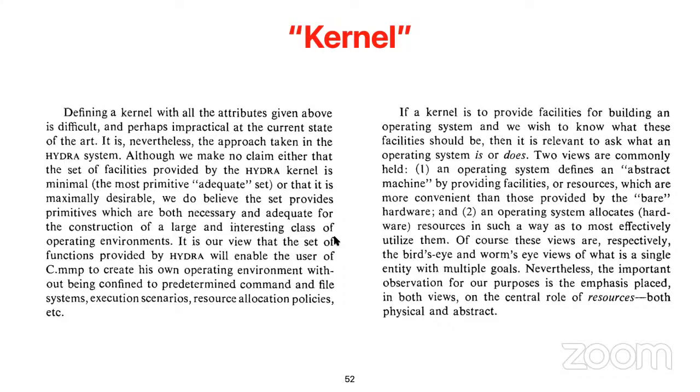In their abstract: the kernel of an operating system defines an abstracted machine by providing facilities and resources which are more convenient than those provided by the bare hardware. And an operating system allocates resources in such a way to most effectively utilize them. So this is what the kernel should be doing in an operating system.